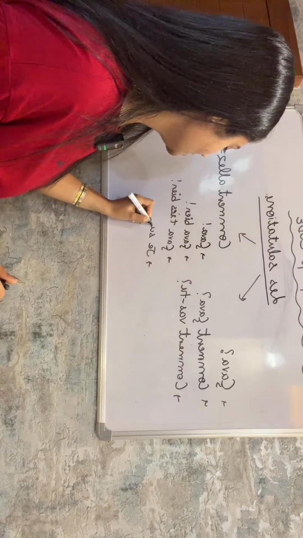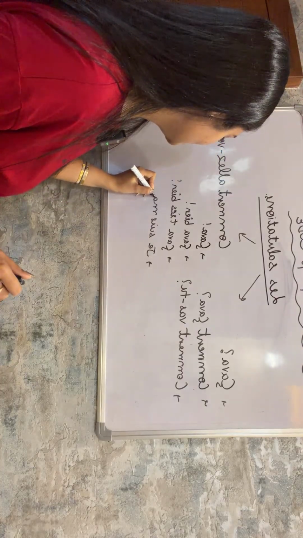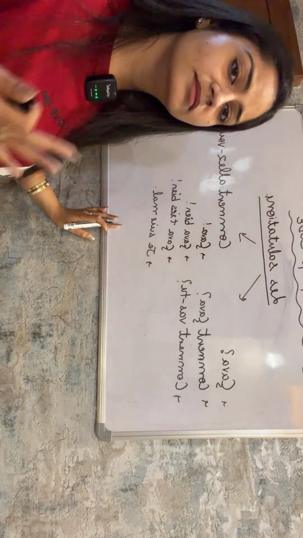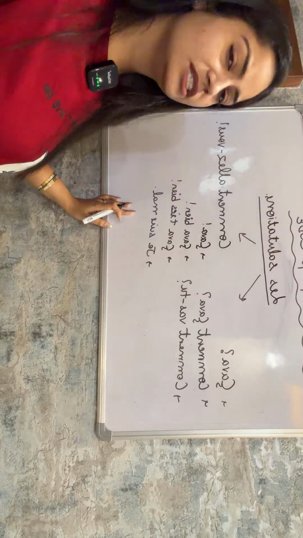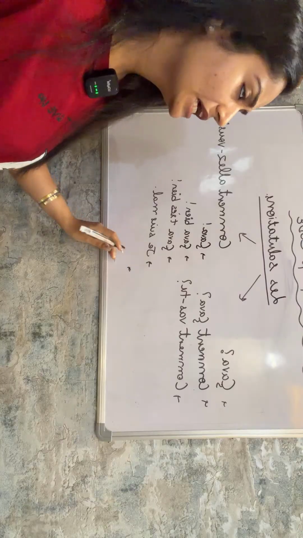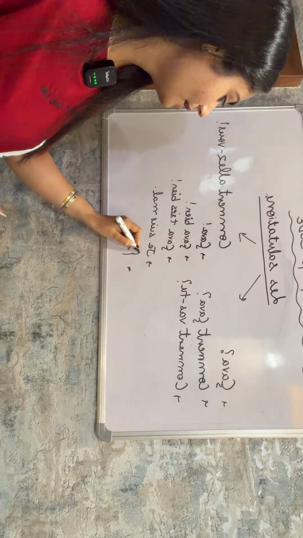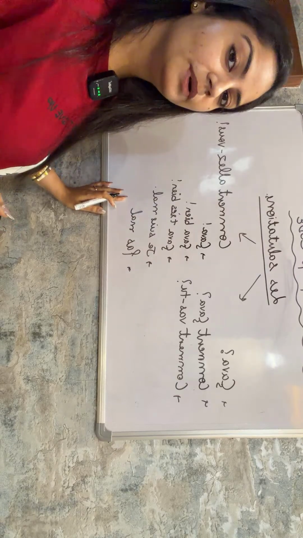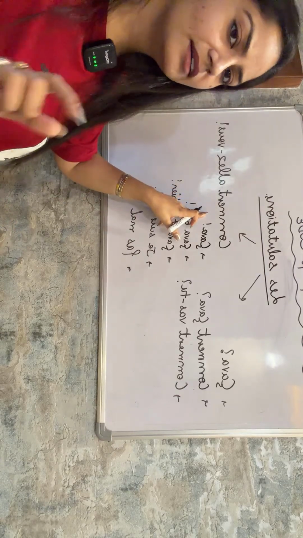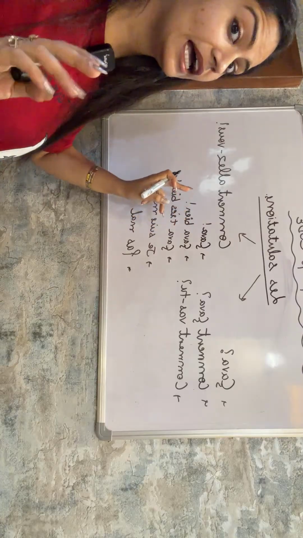Je suis mal. I'm not feeling good. When you're not feeling good, je suis mal. And if you want to say not bad, you can say pas mal. Oui. So, ça va, I'm okay, I'm fine. Ça va bien, I'm good.